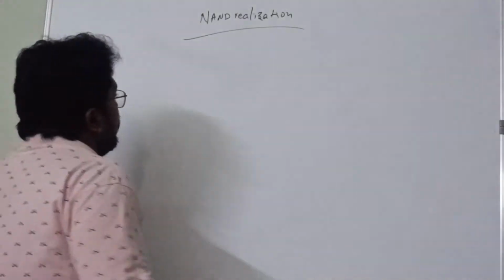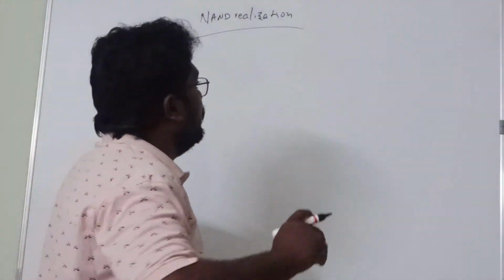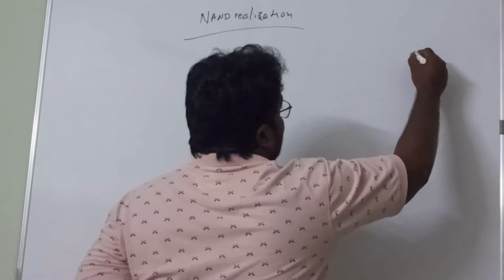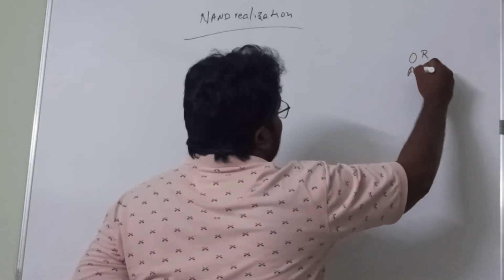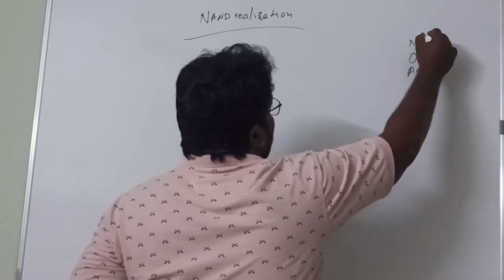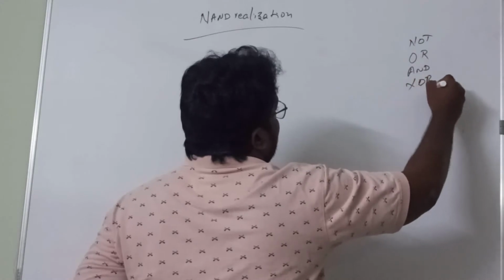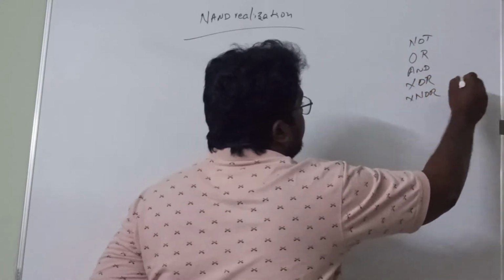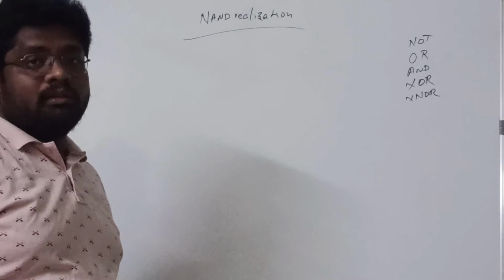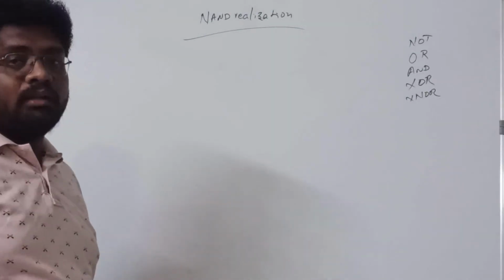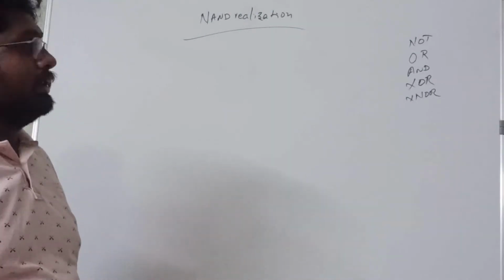The gates that I am going to implement with NAND are the OR gate, AND gate, NOT gate, XOR and XNOR gates, as NAND and NOR are the universal gates.